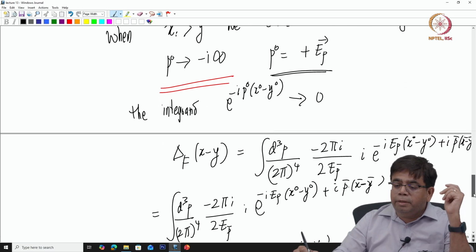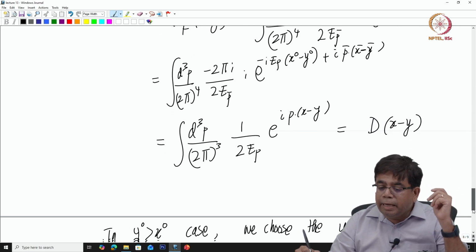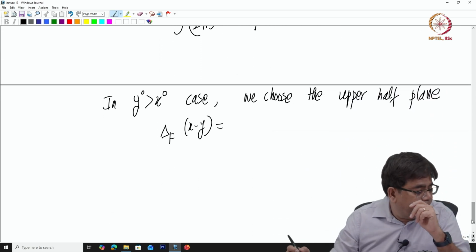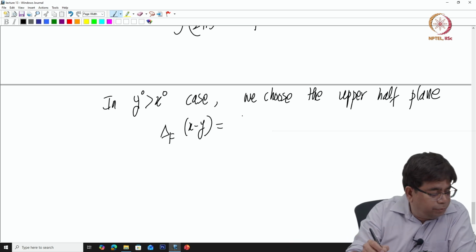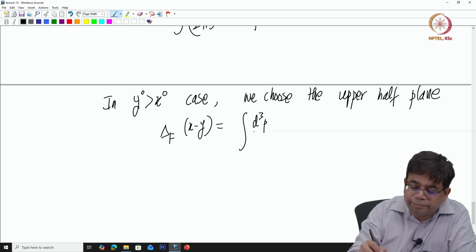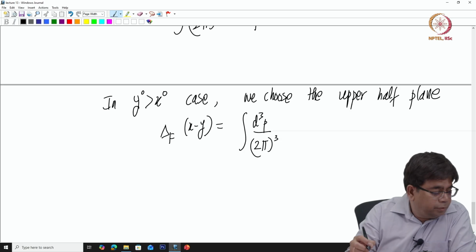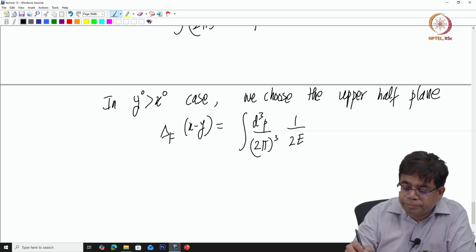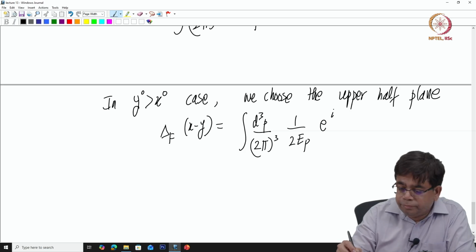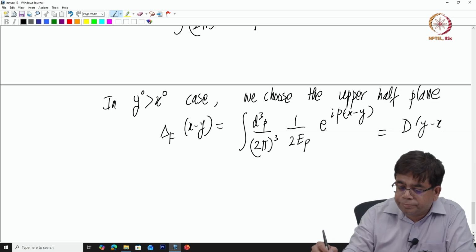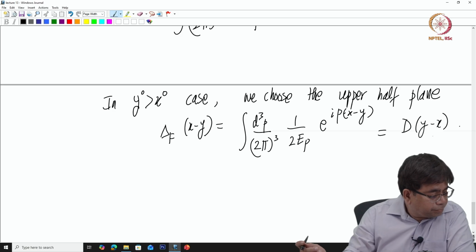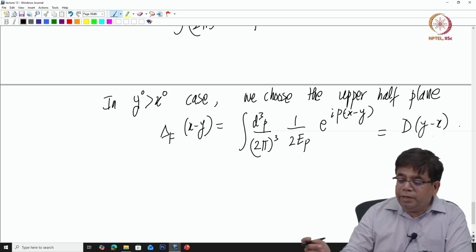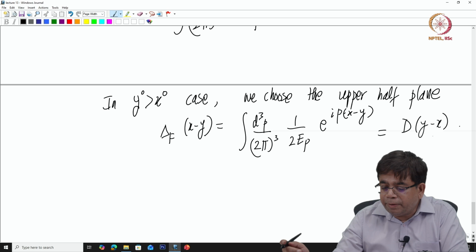It will give the same form again. So, once again we reproduce the Feynman propagator.